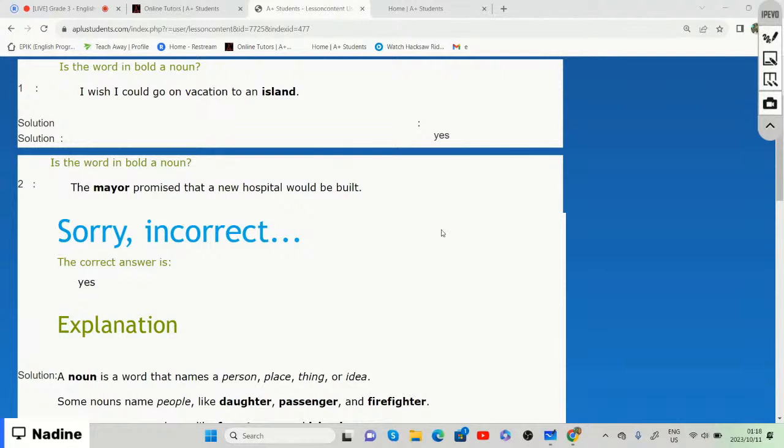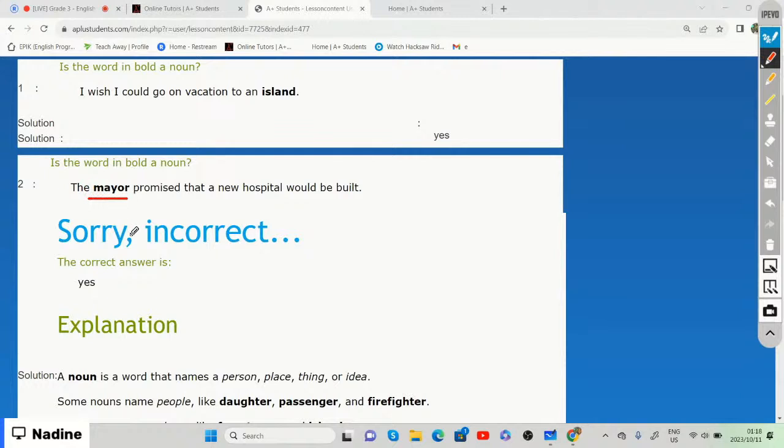And the word mayor is basically a noun. It names people. So, for example, we said mayor or teacher or president. These are all people that we are naming.